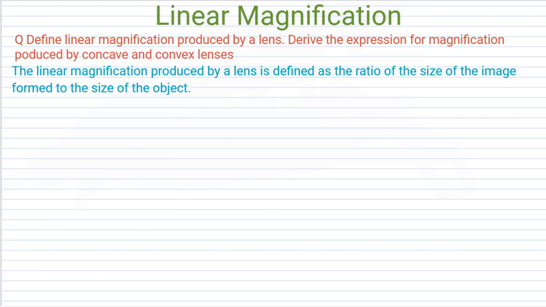So the linear magnification produced by the lens is defined as the ratio of the size of the image formed to the size of the object. If small m denotes linear magnification, then according to the definition, small m equals the size of image to the size of object.